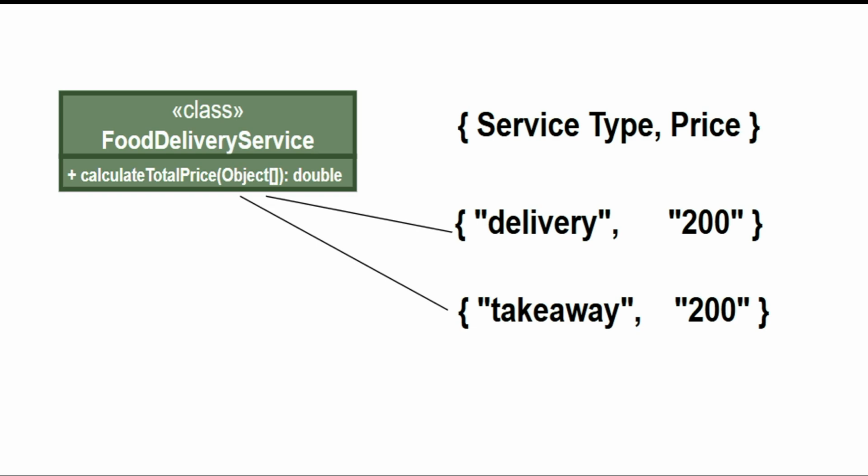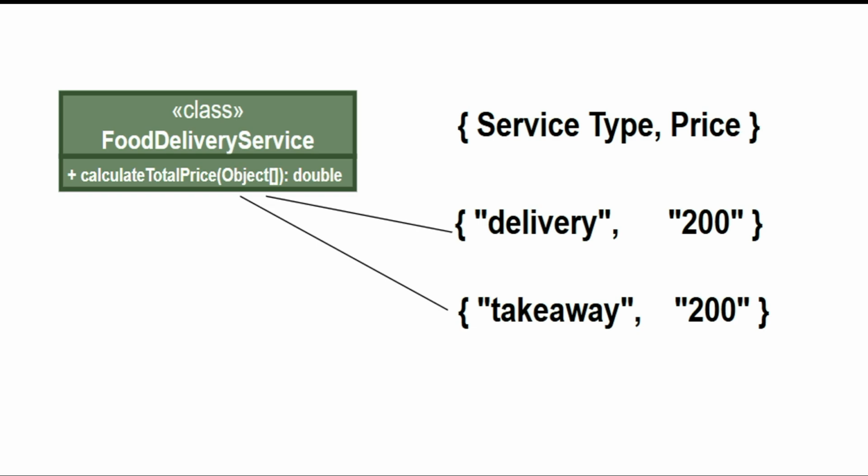To understand the array pattern matching, I'm going to use the example of food delivery service. So here I'm going to use two arrays to represent the delivery order and takeaway order. In the first array, you can see that the first element is representing whether the order is delivery or takeaway.